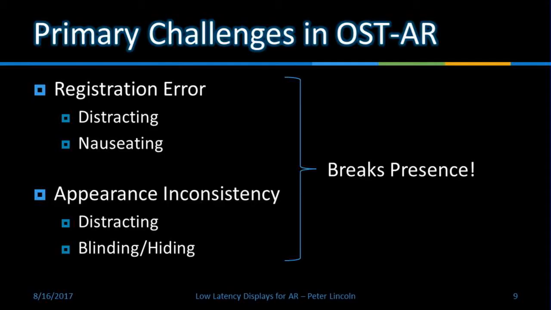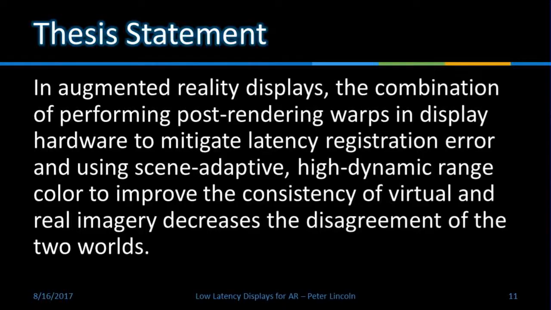In this example, the rightmost teapot is way too bright for its background. This can be distracting or blinding. If the virtual object is too dark, then it can be indiscernible. Now, the combination of these issues breaks presence, or the user's sense that they are in the mixed environment. And we want people to feel like they're in that mixed environment. So the question is, how do we alleviate these problems?